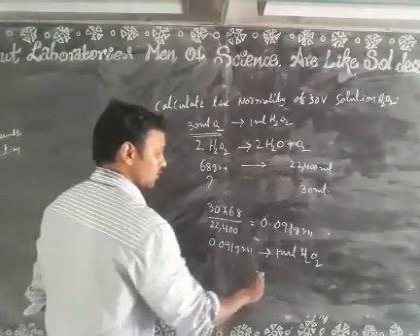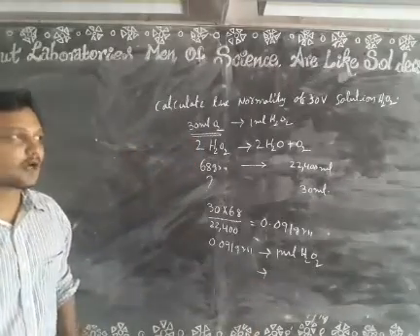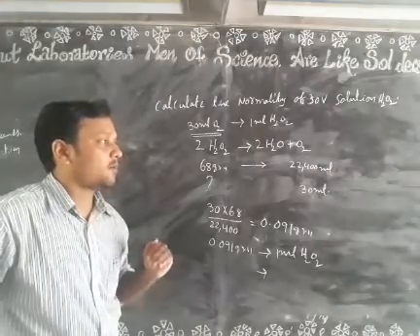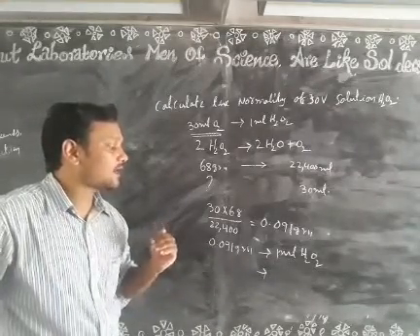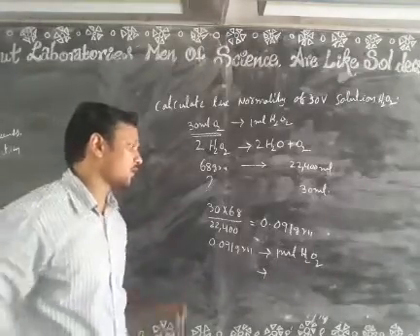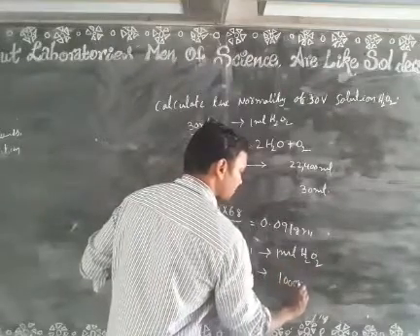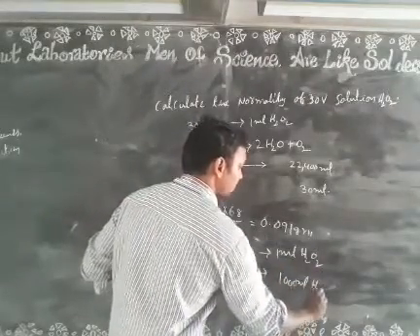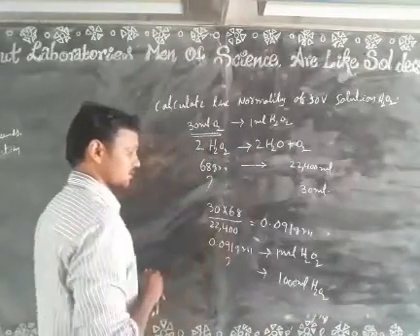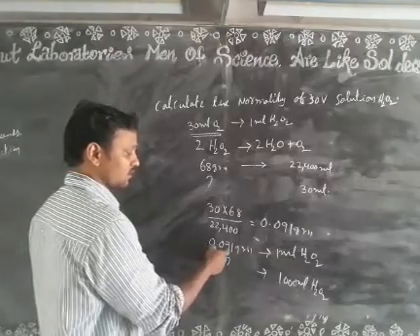Now we have to calculate normality. What is the meaning of normality? Normality means the number of gram equivalent weights present in 1 liter of solution, otherwise 1000 ml of solution. Here, 1 ml of hydrogen peroxide weighs 0.091 gram.